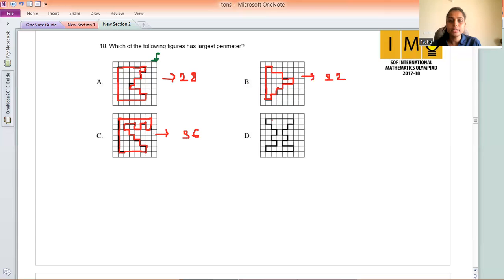And for option D, 1, 2, 3, up to 34. So the perimeter is 34. As I can see, it is clear now that the highest perimeter is for option C. So option C is your correct answer.